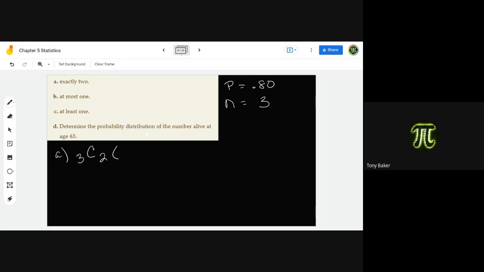And then my P is 0.80, and I want 2 of those. And then my failure, I want 1 of those. If I want 2 alive, so that's 2 alive, and that's 1 dead.